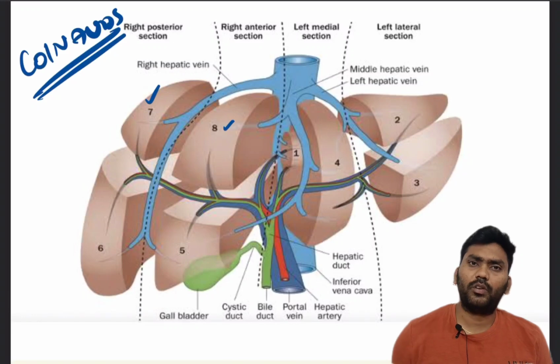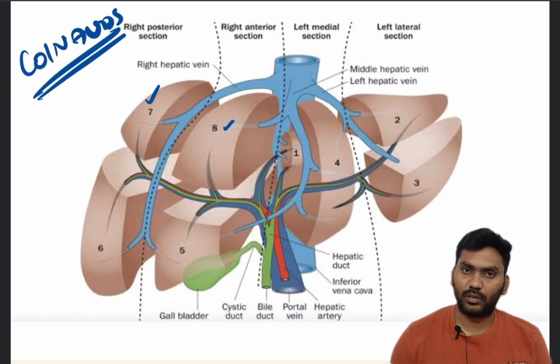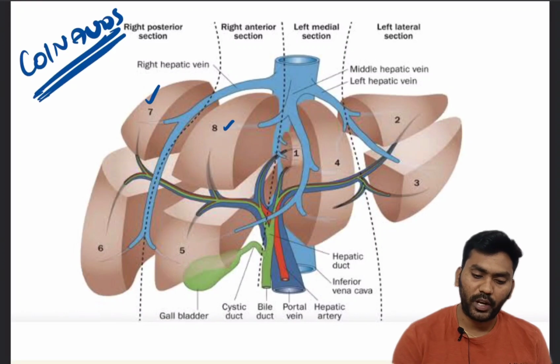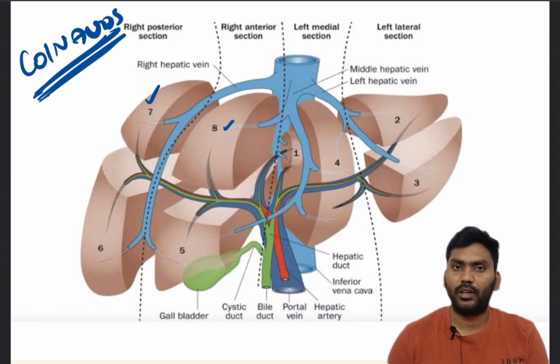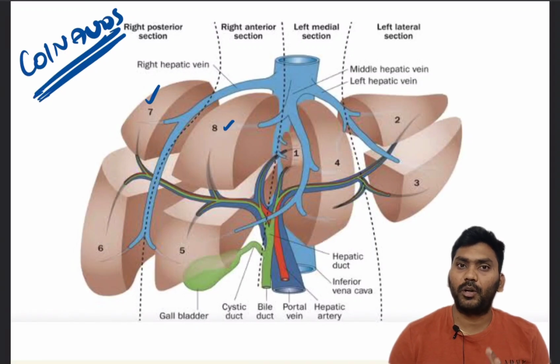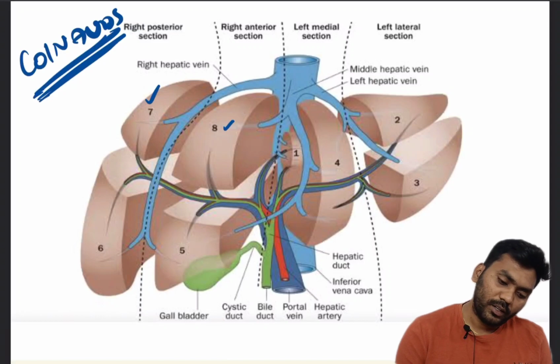Historically, we used the presence of the external falciform ligament to divide the right liver and left liver, but in recent advancement we use the Couinaud classification to divide the liver into right and left lobes, and thereby dividing them into 4 sectors and ultimately into 8 segments.